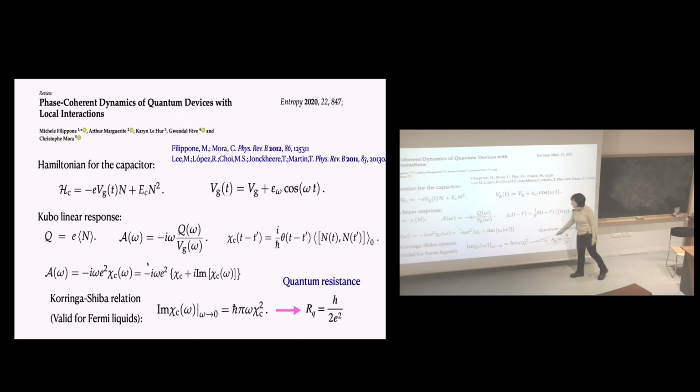This relation, look, is not the usual fluctuation-dissipation relation, because this is the real part of the susceptibility squared. So this is a relation that is not trivial to prove. You have to rely on Fermi-liquid theory and so on. And from there, you can explicitly get this value for the quantum resistance.